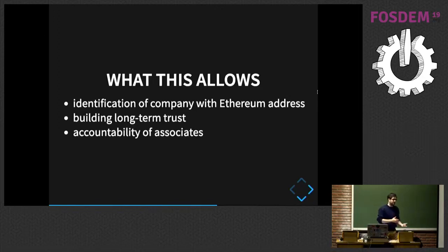If you are doing bad business, you destroy trust in your company. So that's basically a reputation system. And also accountability of associates: as you can look up who they are based on the company, you can sue them, for example, if something goes wrong.